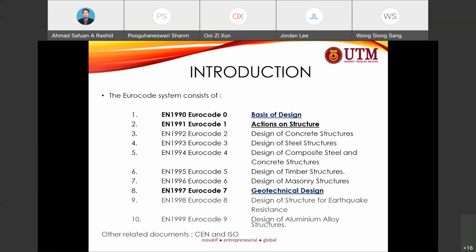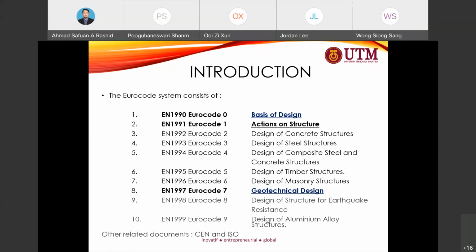EC1 covers actions on structures. EC2 is design of concrete structures. EC3 discusses steel structures. EC4 covers the design of composite steel and concrete structures. For geotechnical design, we refer to EC7.